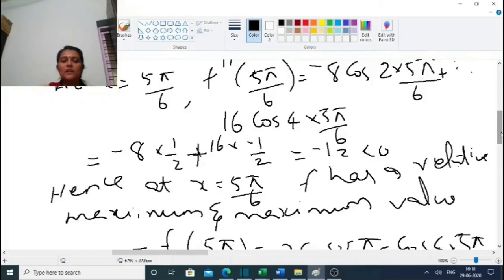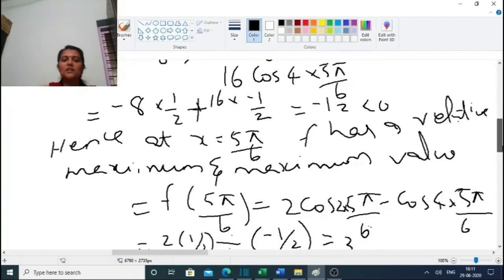So the value is minus 8 by 2 minus 4, plus 16 into minus 1 by 2, minus 8. So it's minus 12.